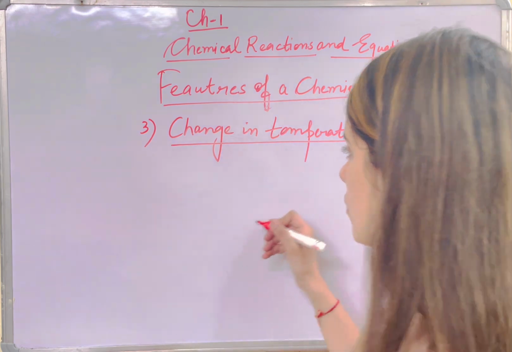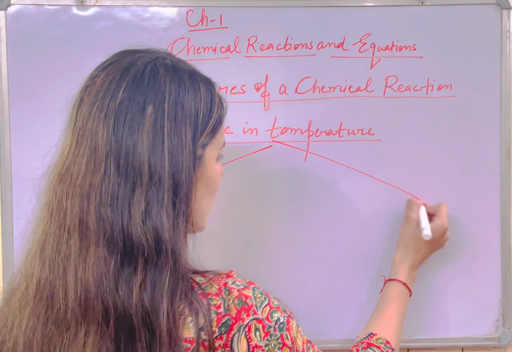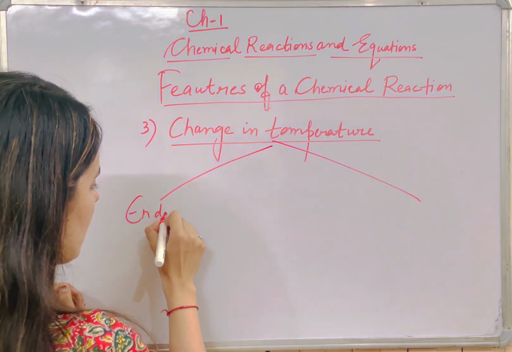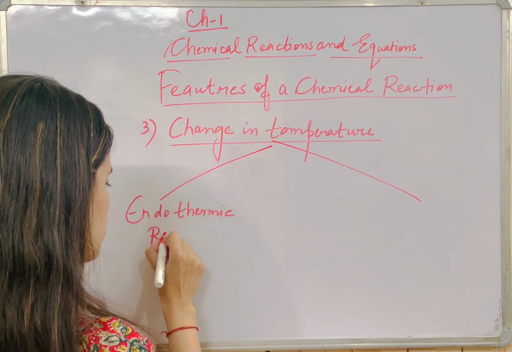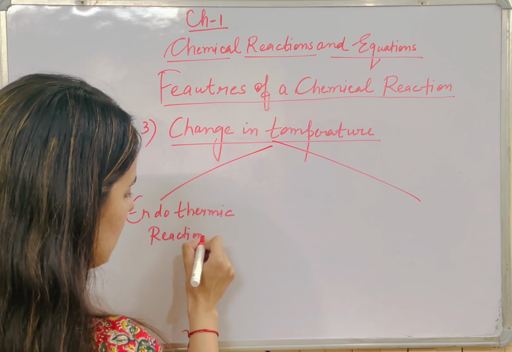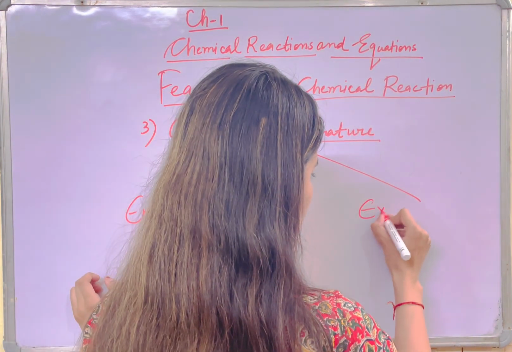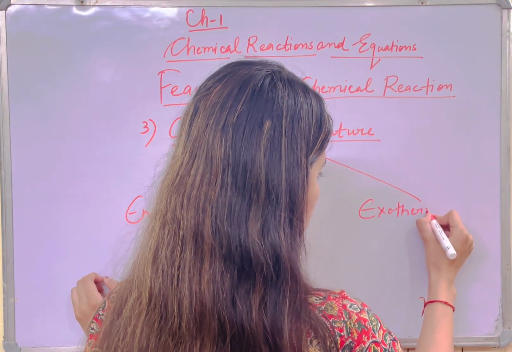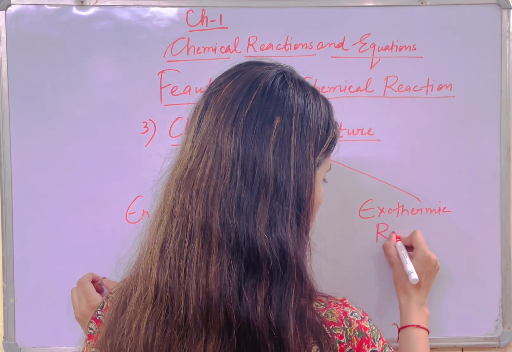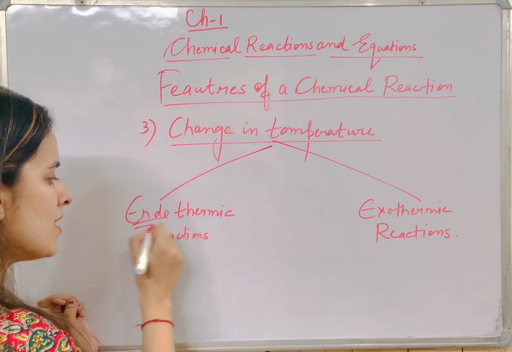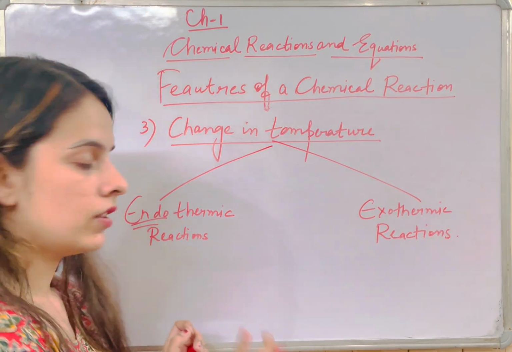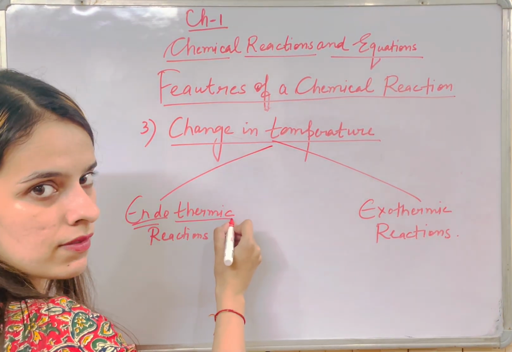So on the basis of that, I will categorize into two types. One is endothermic reactions, and another one is exothermic reactions. Endo means in. Thermic means heat.